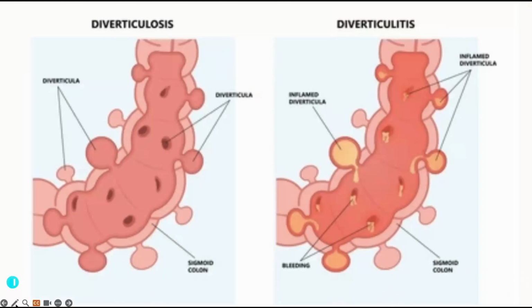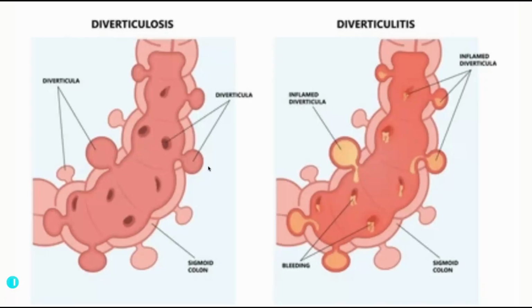So in this image, the diverticulosis that you could see on the left is the formation of all these small pouches, or outpouchings as they call them, bulging outward from the colon wall.